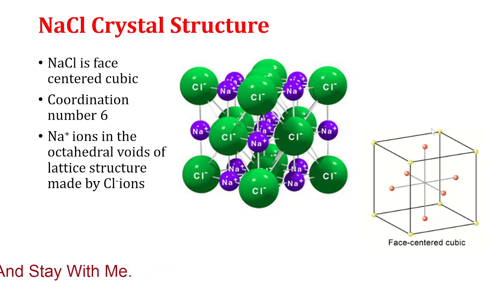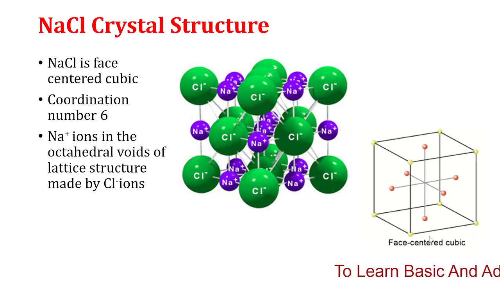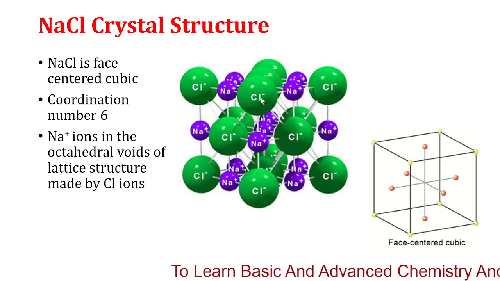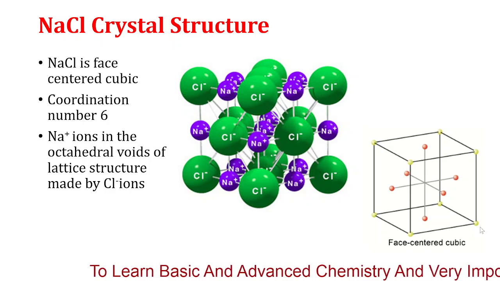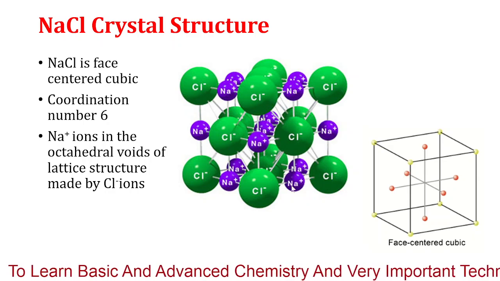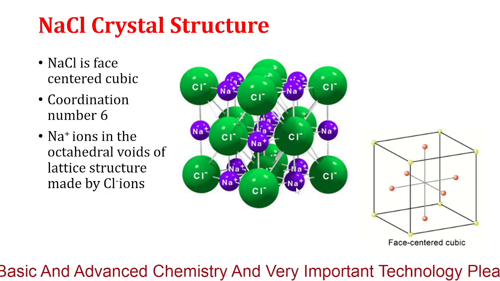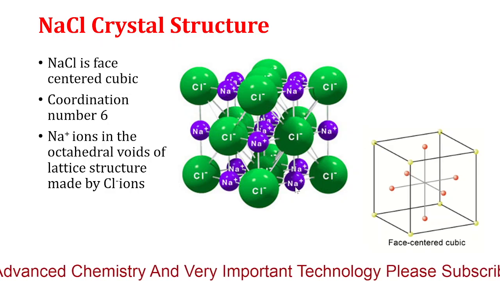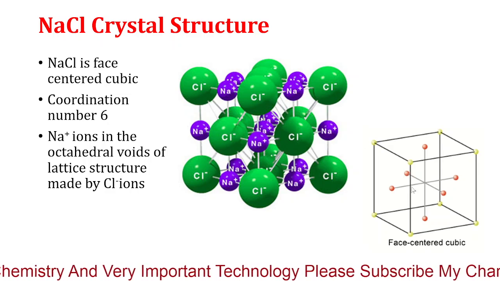This is one, this is one, this is one, this is one. So this cream color can be considered as the chlorine or chloride, and the sodium is smaller, so they will be at the faces.